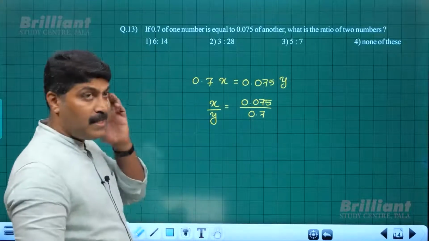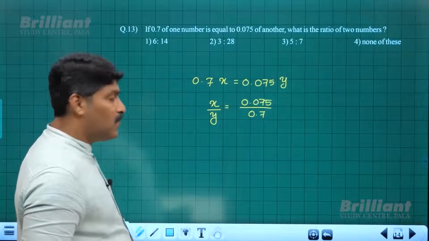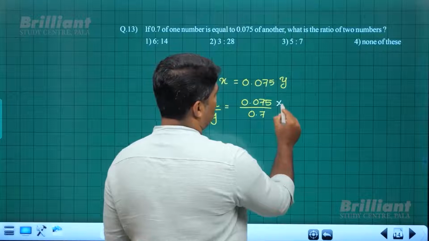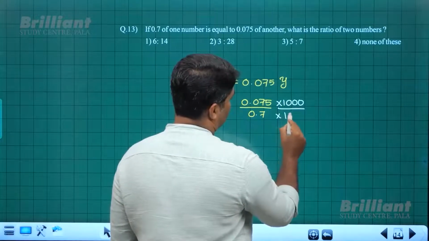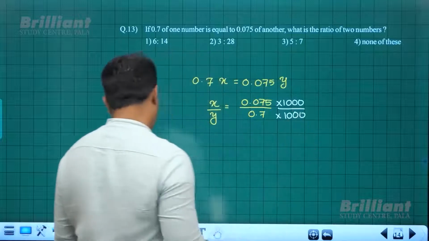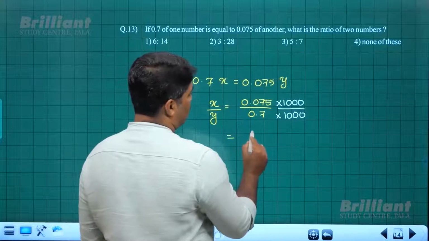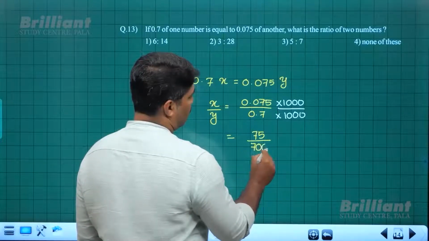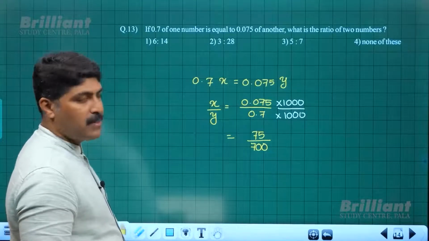For avoiding the decimal complexity, we multiply both the values by 1000. So the numerator and the denominator both get multiplied by 1000. So what's the change that occurred here? This is 75 by 700. While simplifying this one, both these values are multiples of 25.